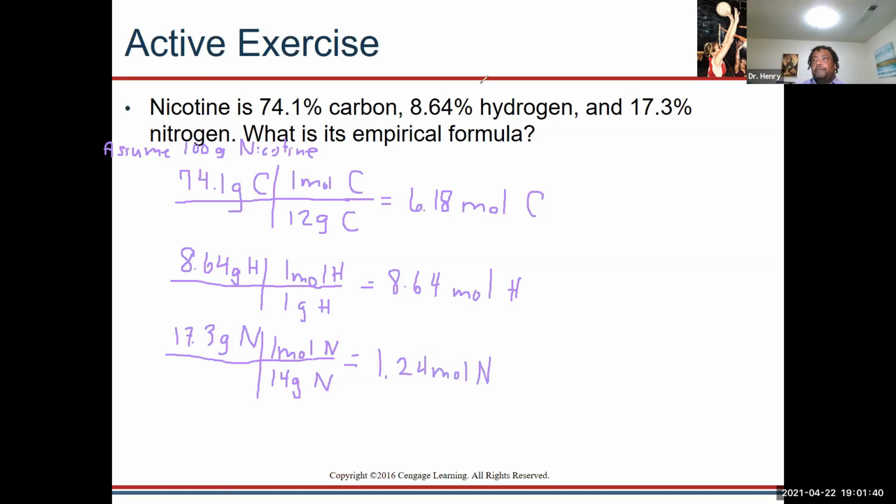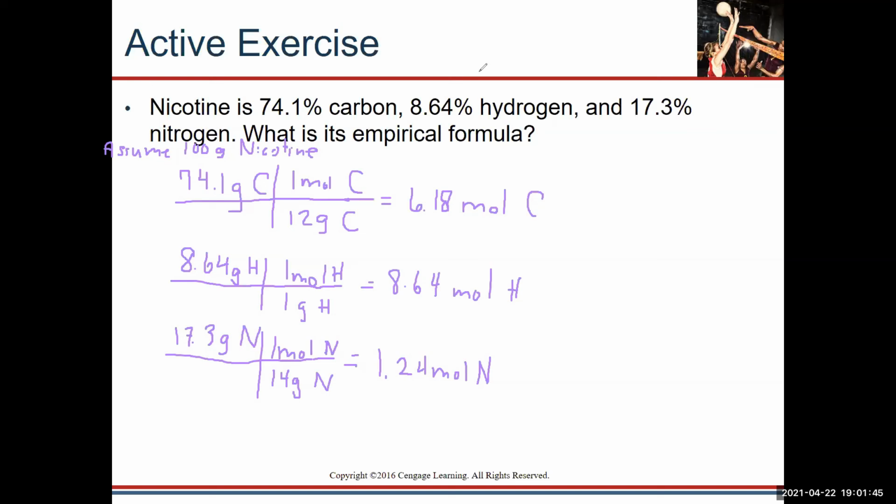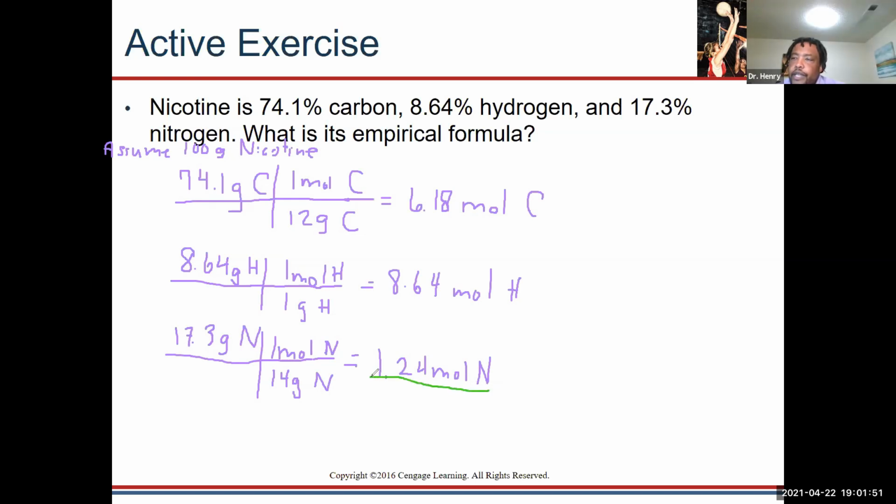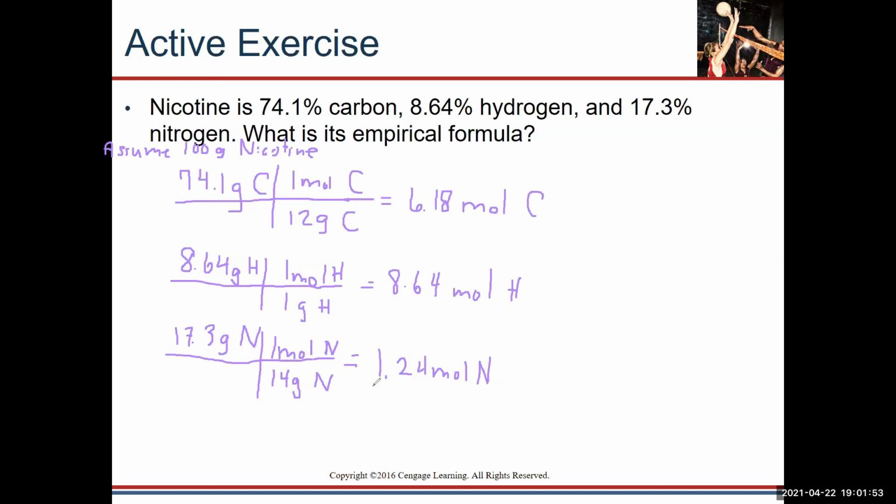Okay, my next step. Divide by the lowest number, right? And which one is that? The 1.24.